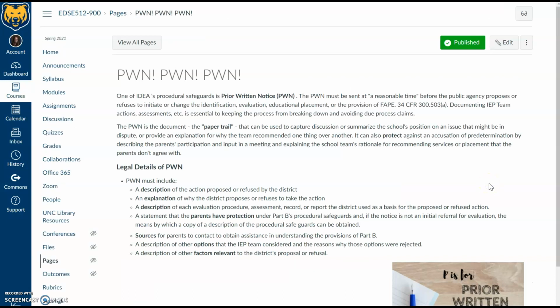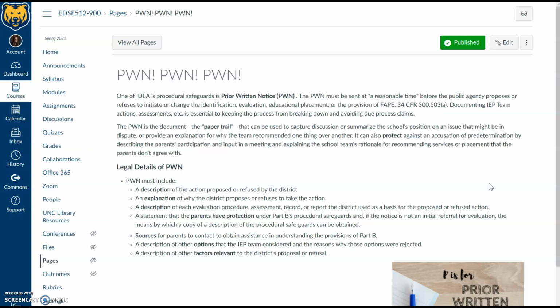Prior written notice. This is included in a lot of different situations in the IEP. Basically, the prior written notice is a procedural safeguard, and it is the concept that an action is being proposed or refused by the school district. We have to explain why we are taking that action and refer to the data from the most recent evaluation or any records that are relevant.